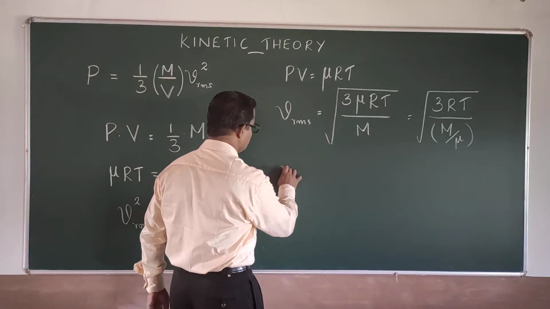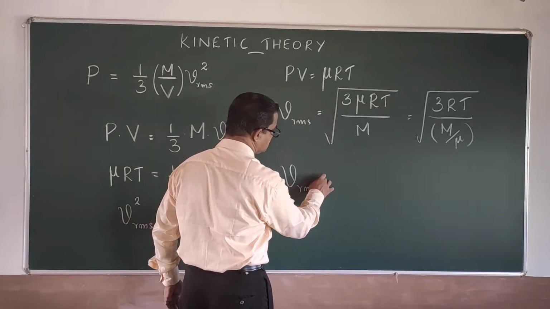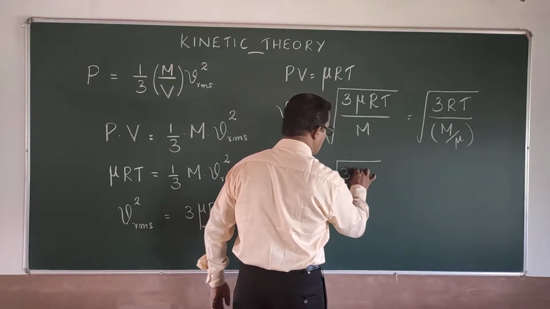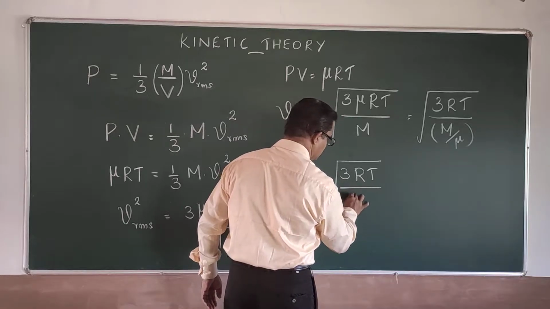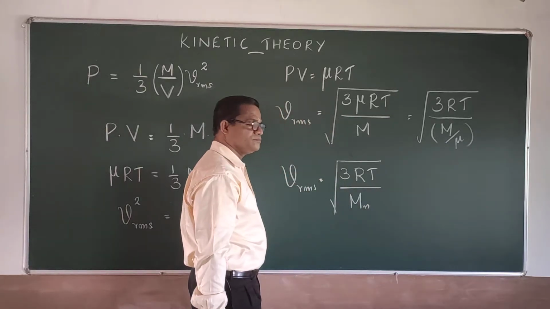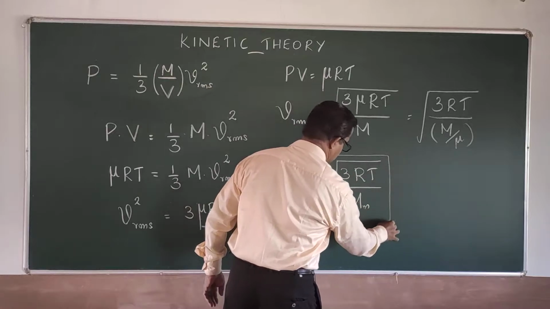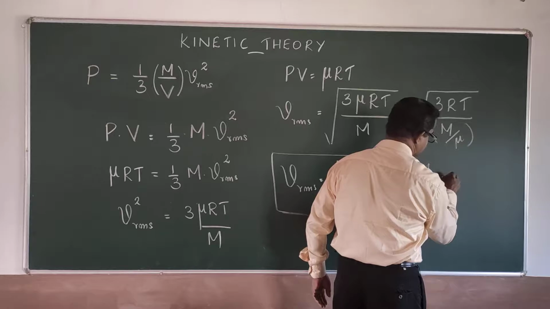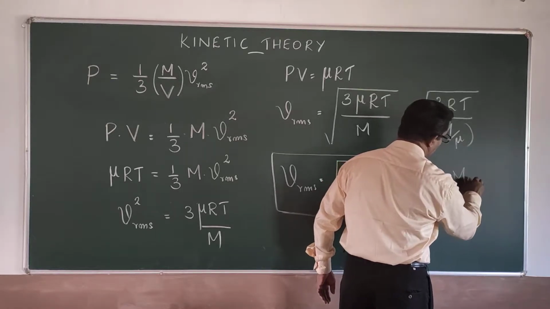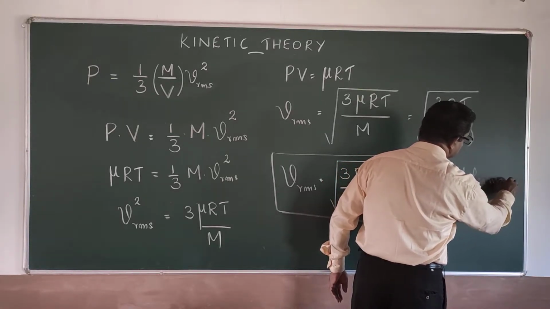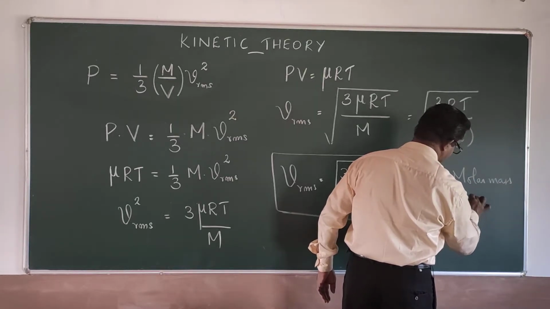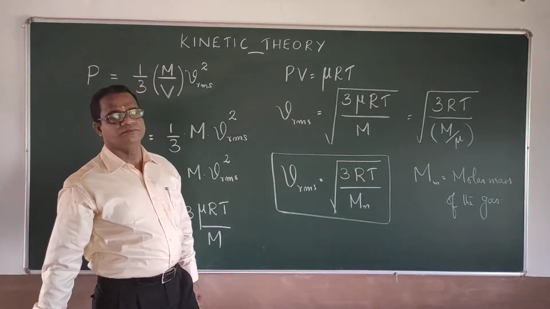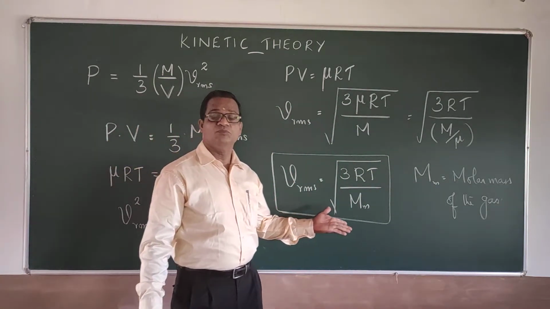So this can be written as Vrms equal to square root of 3RT divided by M, where the denominator M represents the molar mass of the gas, that means the mass of 1 mole of the gas.